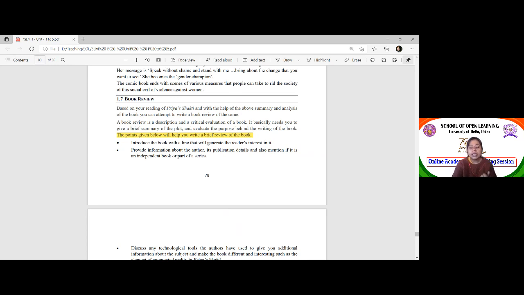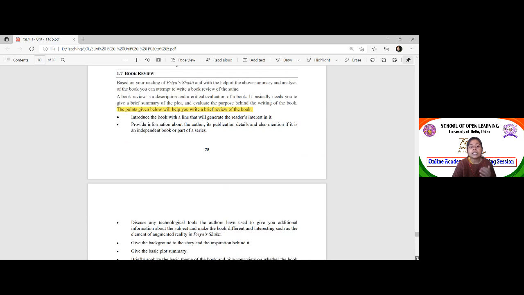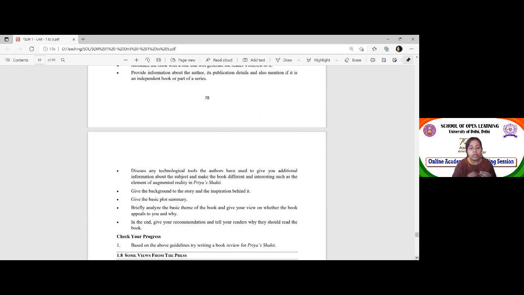reviewing. Then you will discuss the technological tools the author has used, and the additional information about why the book is different and what interested you. But again, I think this particular point is very relevant to this text, Priya Shakti, which we will discuss.